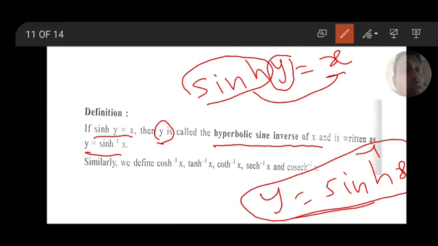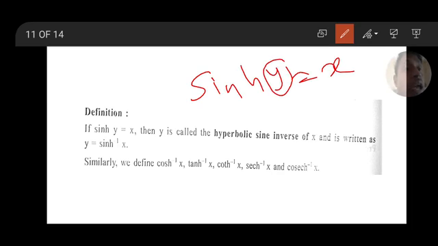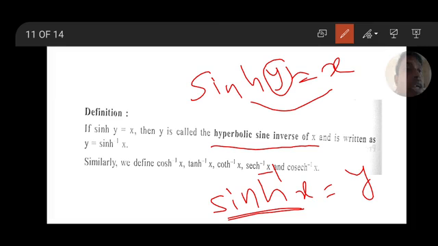If sinh of y equals x, then this y is called hyperbolic sine inverse of x, and it is denoted by sinh inverse x equals y. This goes to this side, sinh inverse of x will come.